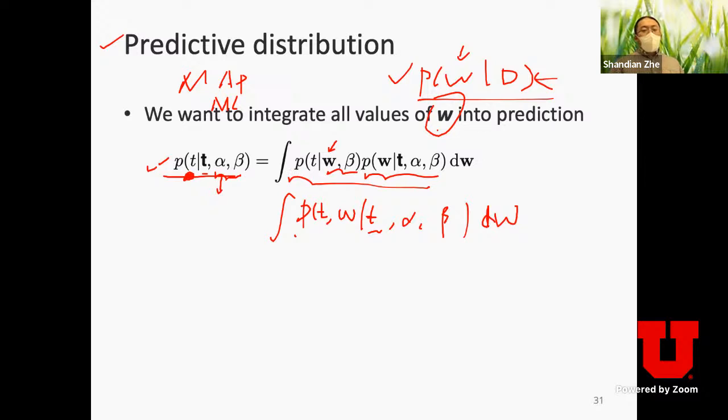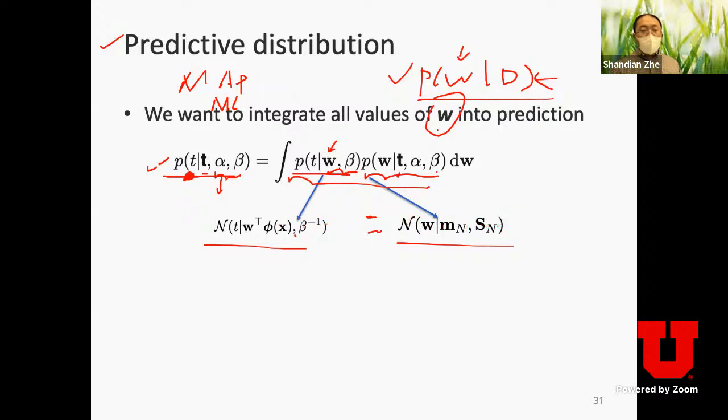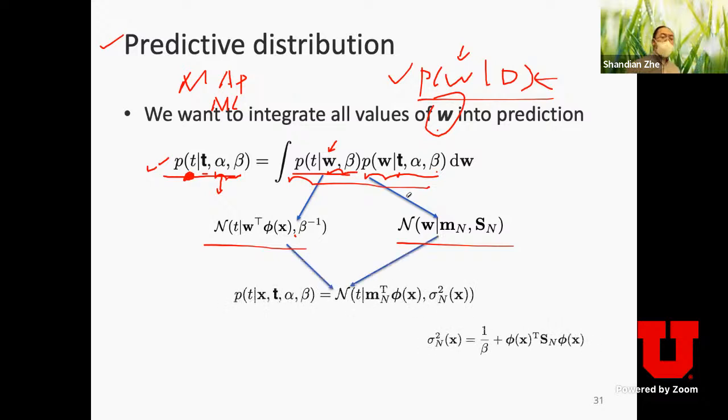So this joint posterior is decomposed as the posterior of W given the training data, and then, given W, the distribution of the prediction, which is just a Gaussian. The likelihood is Gaussian, and the other is a posterior distribution, which is also Gaussian. So you just take their integral, which is a convolution of Gaussians.